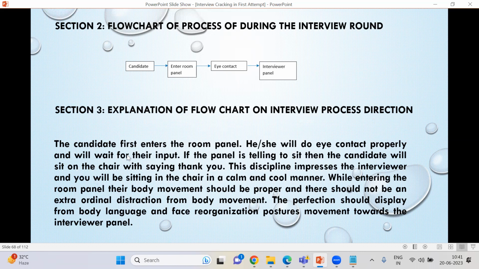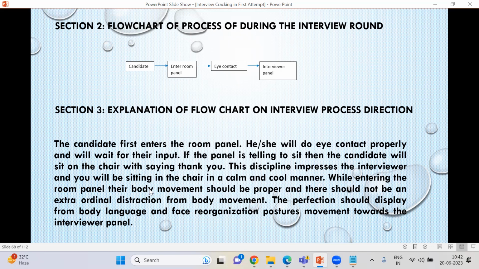The candidate first enters the room where the panel is. He will do eye contact properly and wait for their input. If the panel tells him to sit, then the candidate will sit on the chair, saying, "Thank you." This discipline impresses the interviewer, and you will be sitting in the chair in a calm and cool manner.